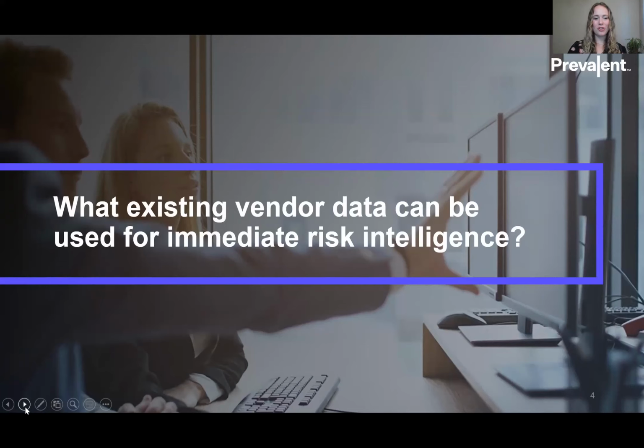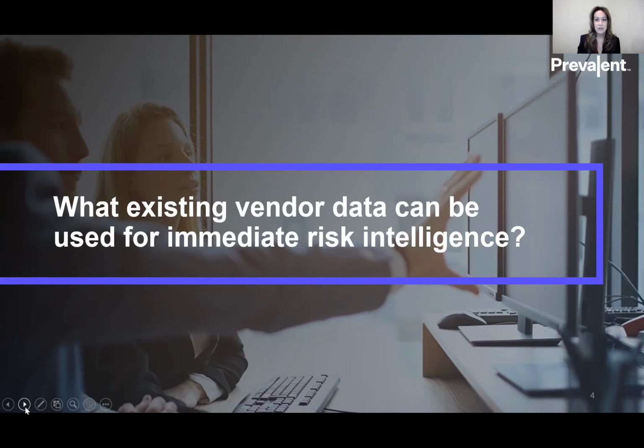All right, next question. So what existing vendor data can be used for immediate risk intelligence? We touched on that a little bit just a second ago. I would always say that if you use threat intelligence, that's one of the ways that you can run information without having a point of contact. You just need a domain name, and it will tell you what's happening out in the wild.